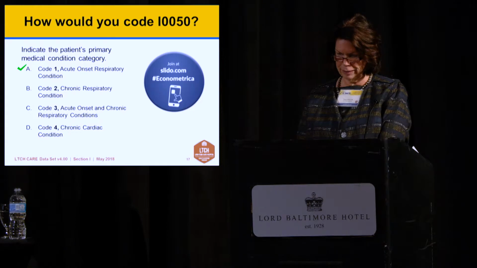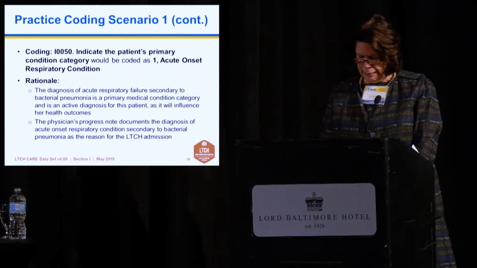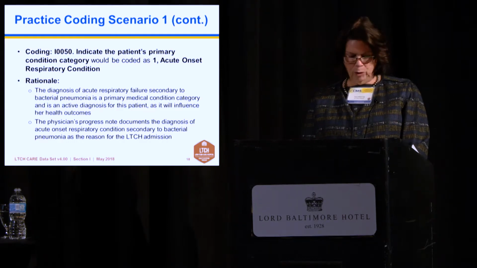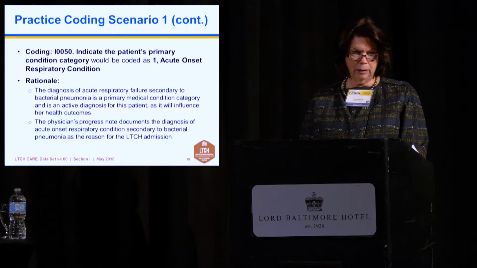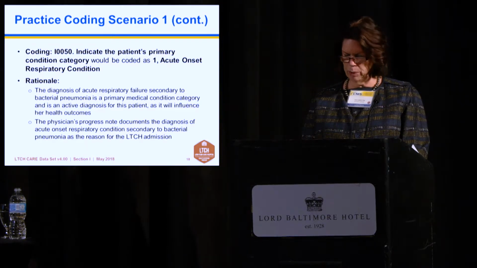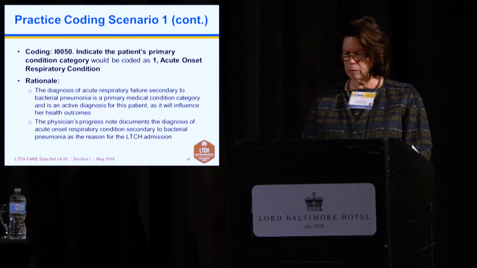And that is correct. And you entered this correctly because this is the patient's primary condition category, and it was documented by the physician in the progress notes as the reason for the patient's admission to the LTCH.